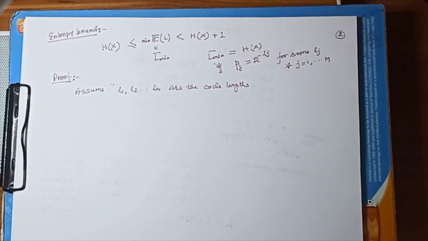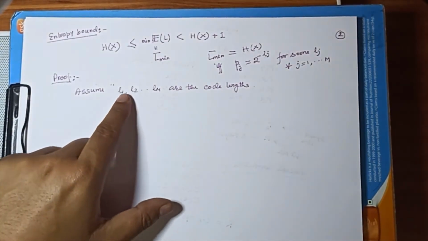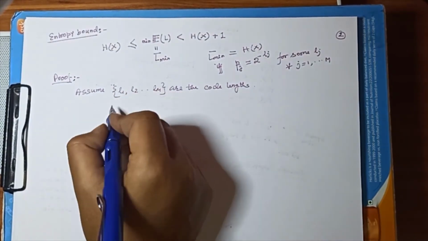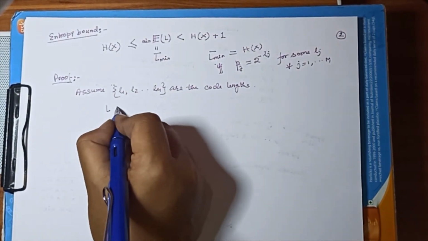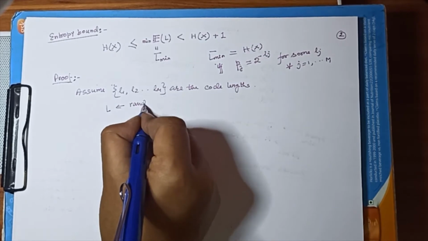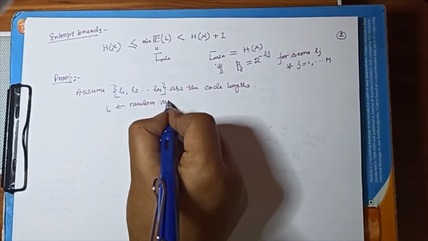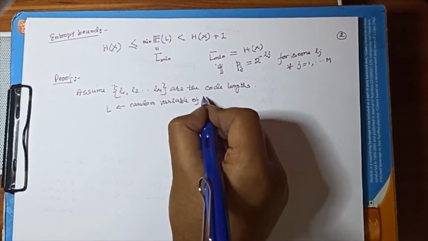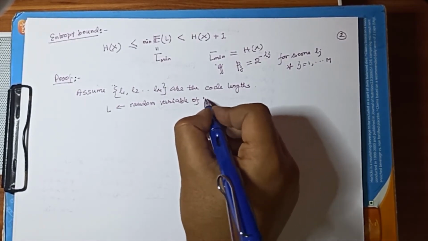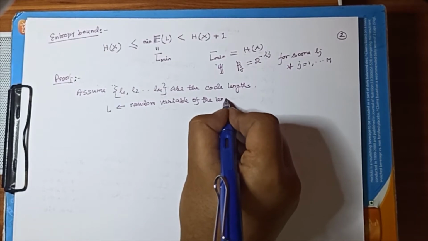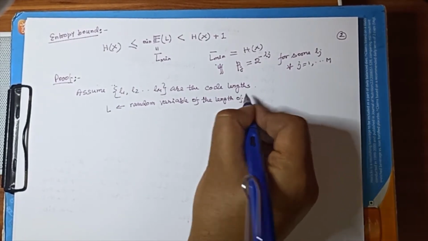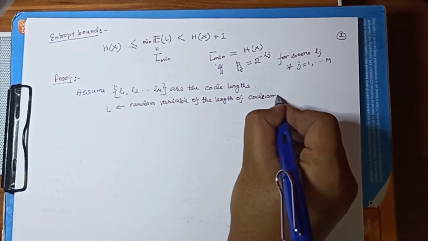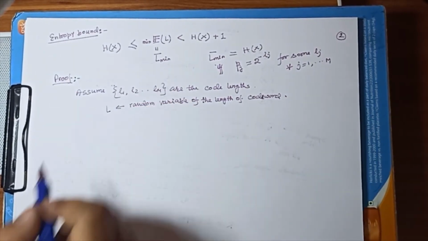The random variable capital L, the length of the code word, takes values from this set.